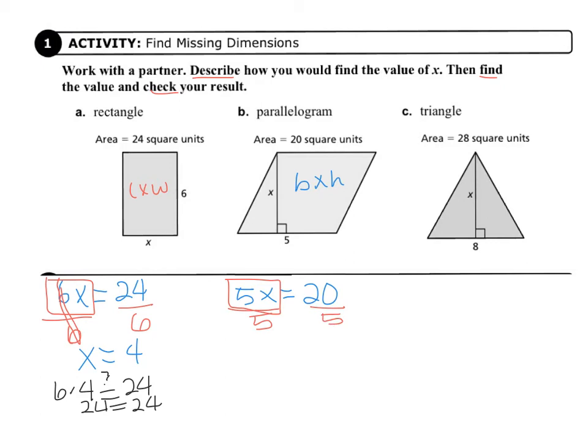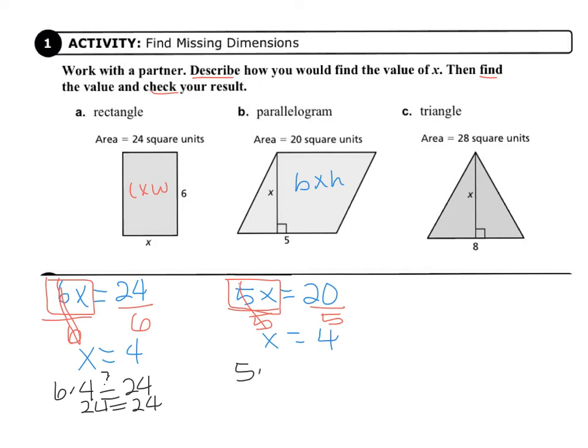And 5 divided by 5 makes them go away because they essentially turn into a 1. That leaves us with just an x on the left, and 20 divided by 5 is a 4. So x equals 4, and then again we have to check. We completed the solving step. Now we need to check.